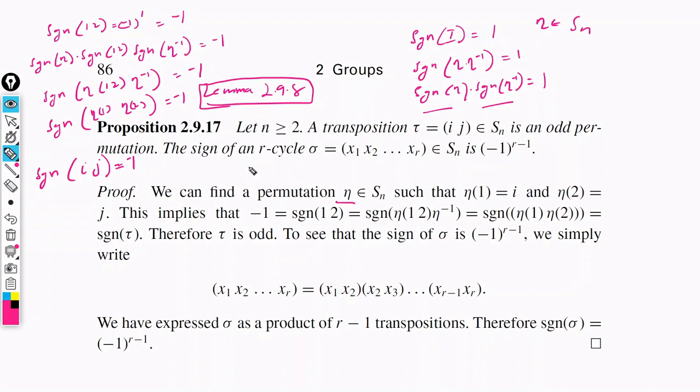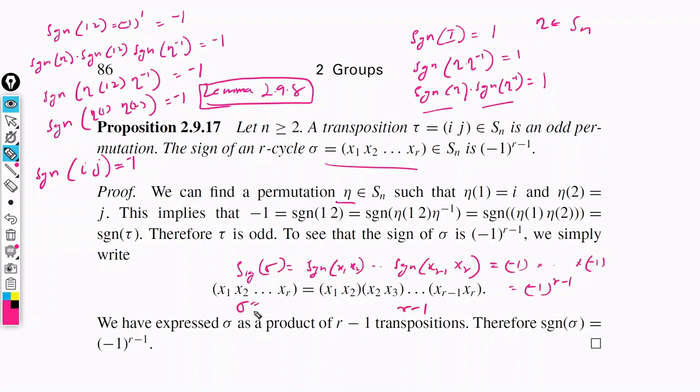Next we have to find the sign of an r cycle. Every r cycle (x1 x2 ... xr) can be written as a product of transpositions like this: (x1 x2)(x2 x3) ... (xr minus 1, xr). So this r cycle is a product of r minus 1 transpositions. This is our sigma. So what is sign of sigma?